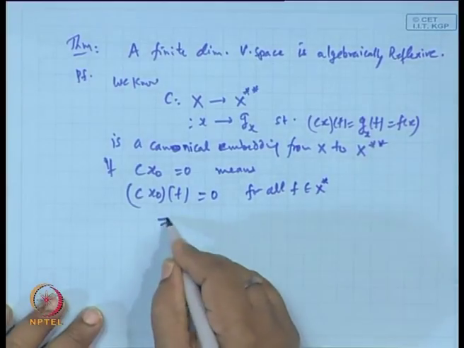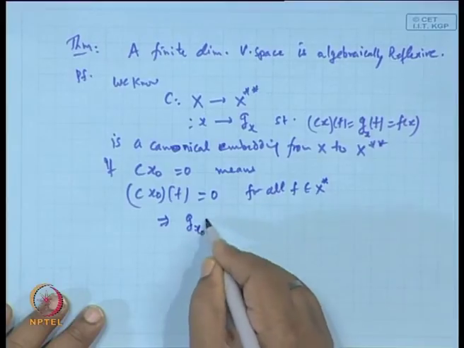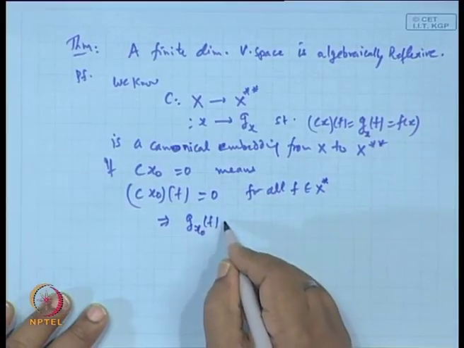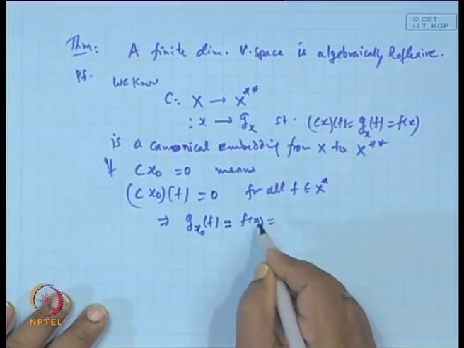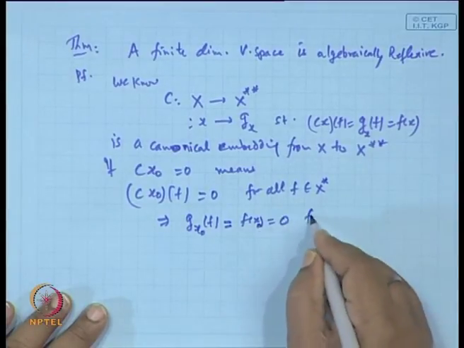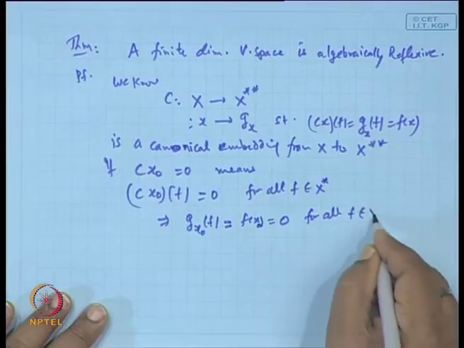This implies that g of x naught f, which is equal to f x naught, is 0 for all f belonging to X star.